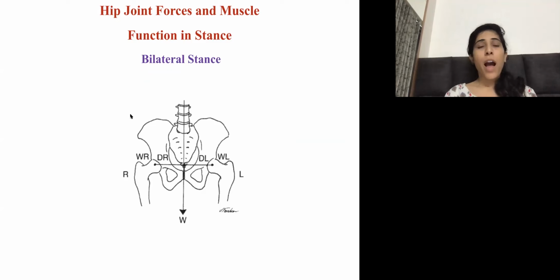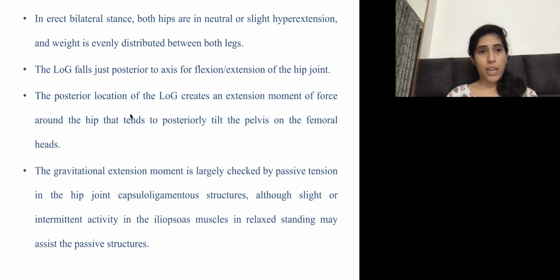So half of the two-thirds of the weight is taken by the right lower extremity, and the other half of the two-thirds of the body weight is taken by the left lower extremity. So in the erect bilateral stance, both the hips are in the neutral or slightly hyperextended position, and weight is evenly distributed between both the legs.